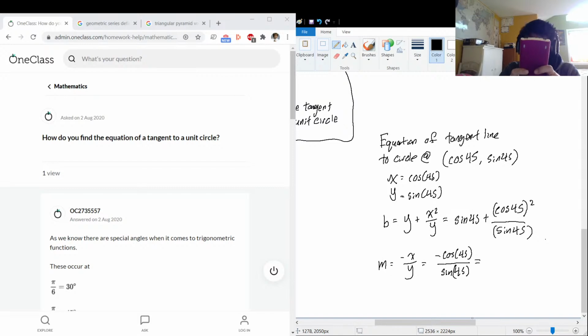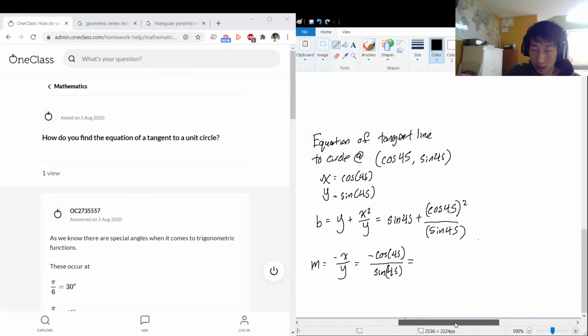So if we have sine 45 plus cos 45 times cos 45, divided by sine 45, that is equal for the b value to be positive 1.414.